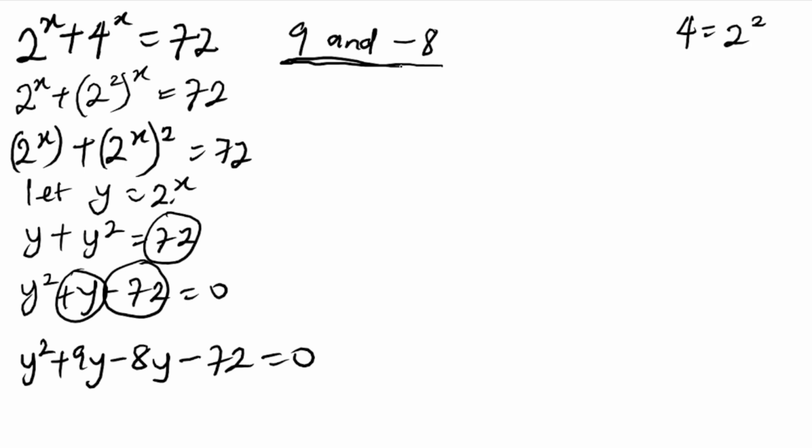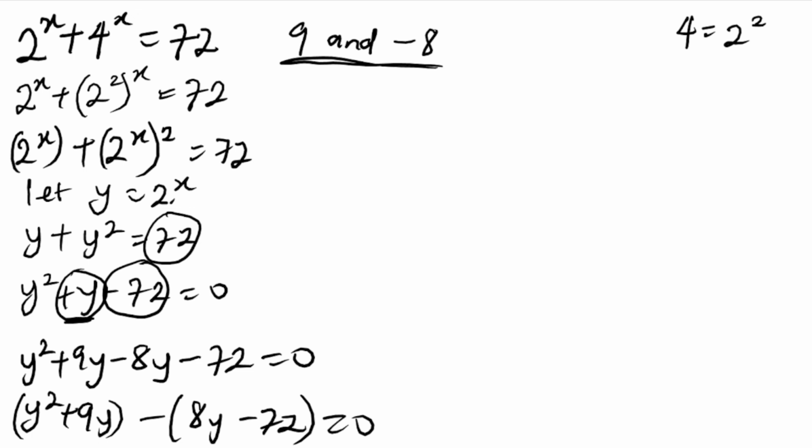That is, this can be written as y squared plus 9y minus 8y minus 72 equal to 0. Now looking at this, they have something in common, which is y. So y squared divided by y gives us y, plus 9y divided by y gives us 9.